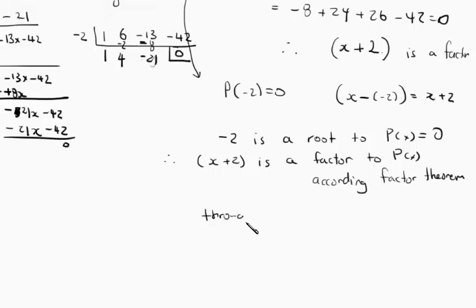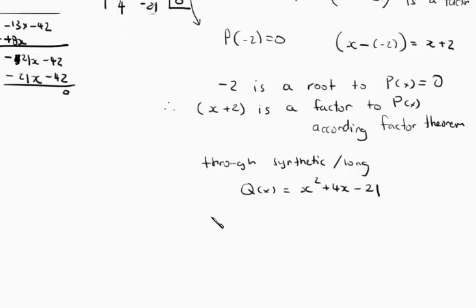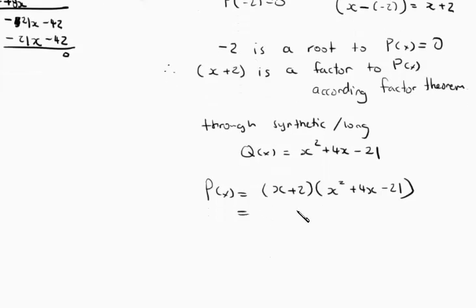Through synthetic division or long division, q(x), which is the quotient, is equal to x squared plus 4x minus 21. And we know that the polynomial is made up of x plus 2 times that one. And for the quadratic, we can simply factorize that easily, or if it's not factorizable, you can use the quadratic formula. So 21, what times what? 7 times 3? That's right. So x plus 7, x minus 3, and x plus 2. So this is factorizing to those two.